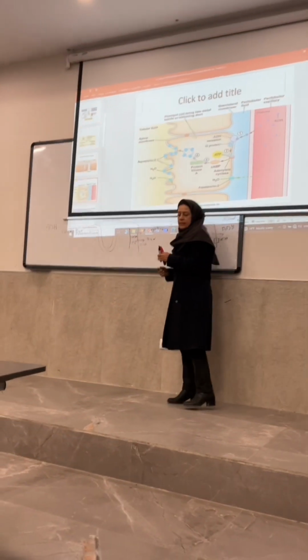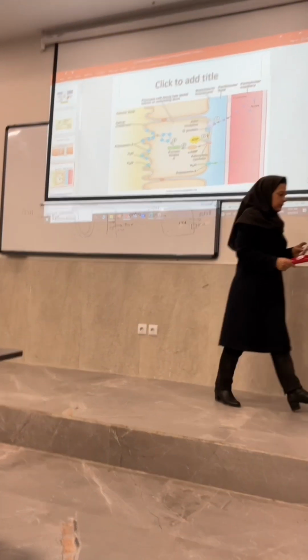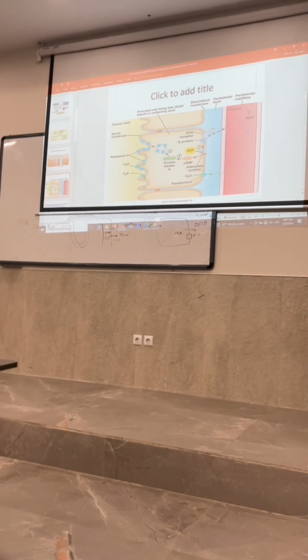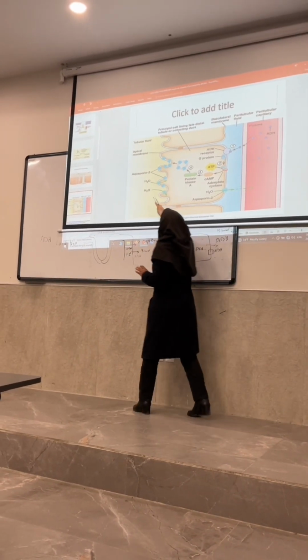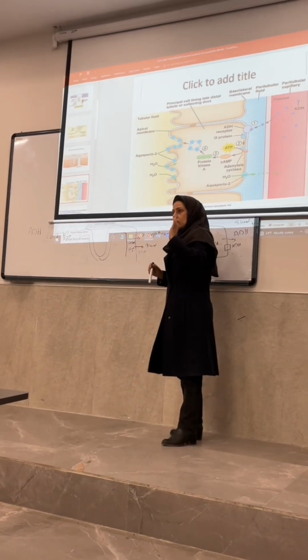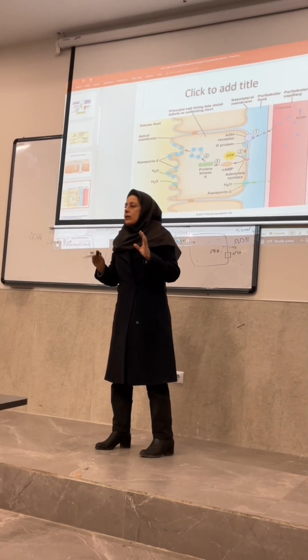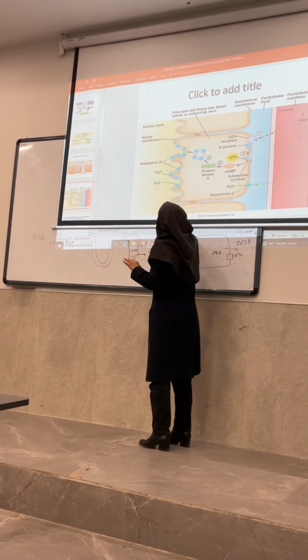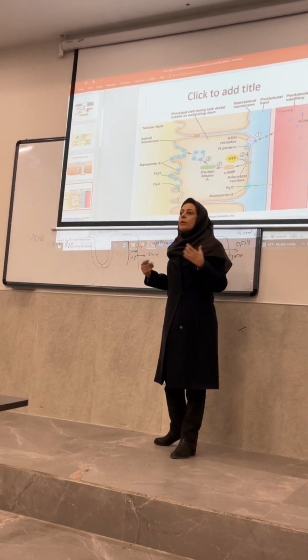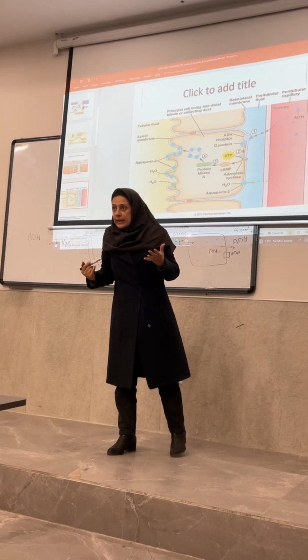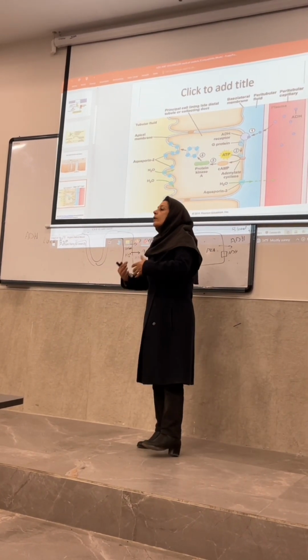Now we want to see what the relationship is between the production of protein kinase A and absorption of water. At first, I want to say that water not only can be directly absorbed by osmosis, but we have some kind of carrier proteins for absorbing more and more water.